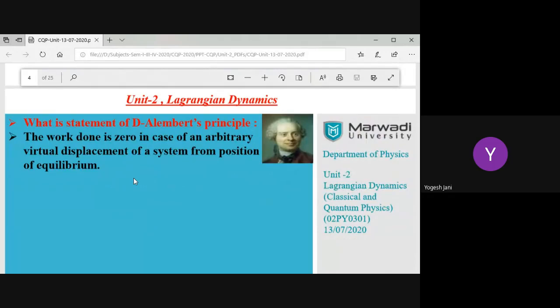The question arises in your mind, how is that possible? In this case we consider the displacement to be so small, absolutely small, that actually no displacement occurs. That is why we consider the displacement as virtual work. That is D'Alembert's principle.